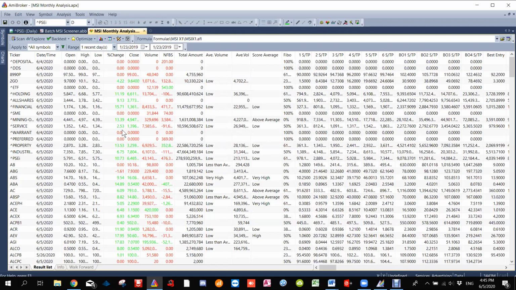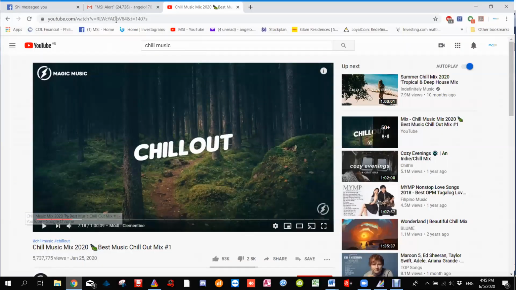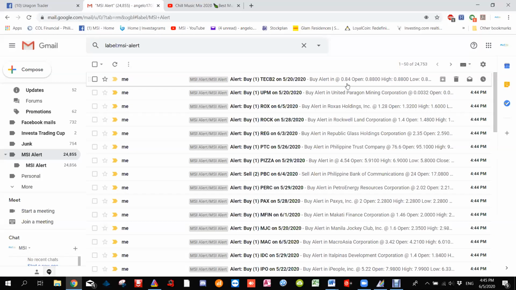Okay, so at the same time na nag-send you ng details, it also sends you details sa alert nyo. Ayan. So my current time is 4:45. So this one is 4:44. Okay. So yan yung mga signals kanina sa market na ma-receive ko real time pagka naka-online ako. Gets?